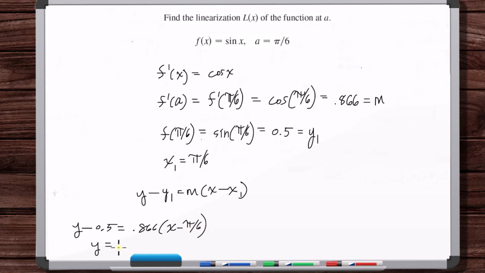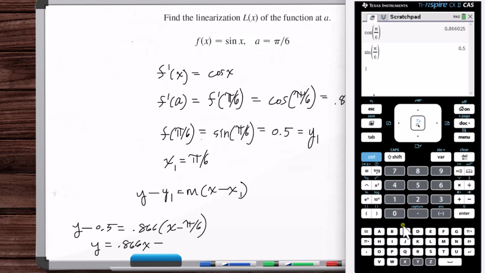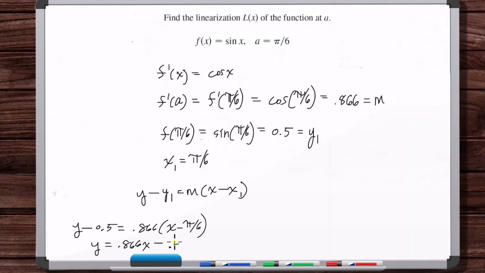So y is equal to 0.866x minus 0.866 times pi over 6, which is 0.453, plus 0.5.